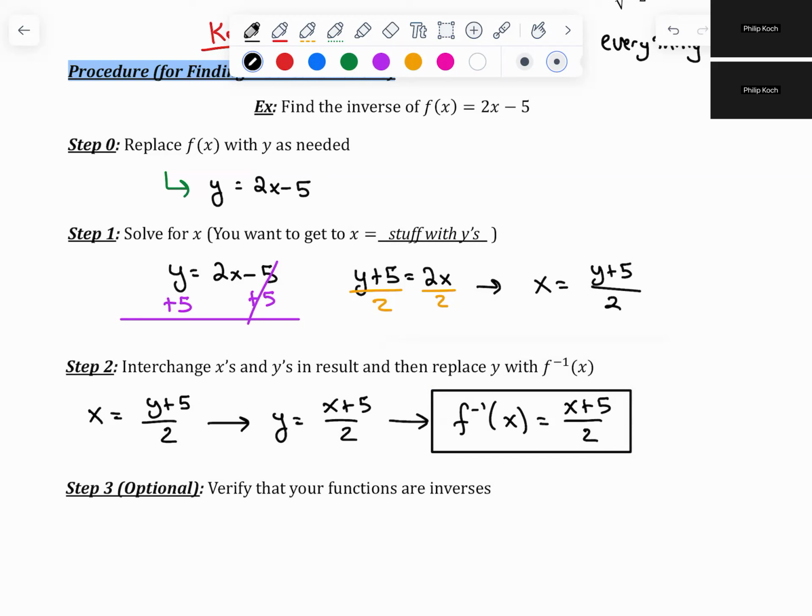A couple things. The reason why I dislike this concept is it fundamentally misses the point of what an inverse does. An inverse function takes an x and gives you a y. An inverse function takes a y and gives you back the x. I know what they're trying to do in pre-calc.